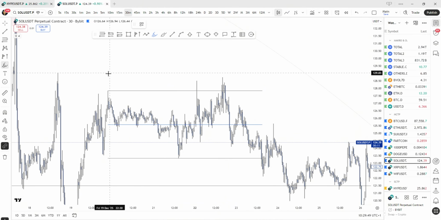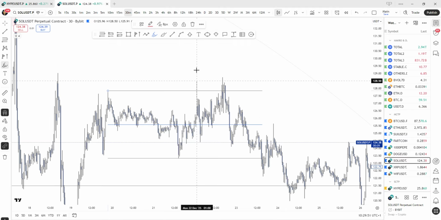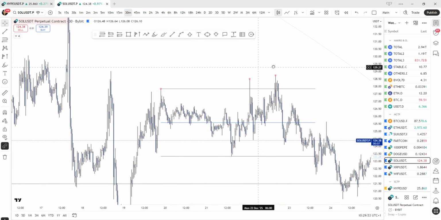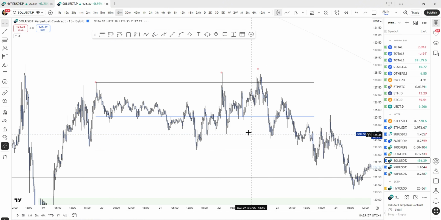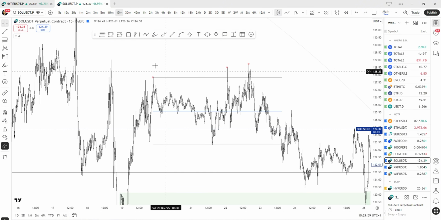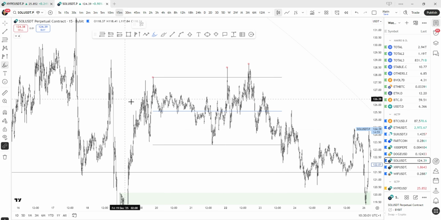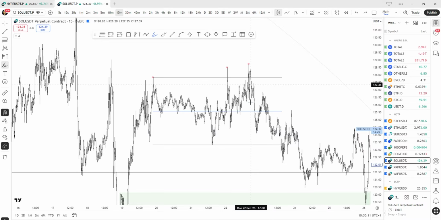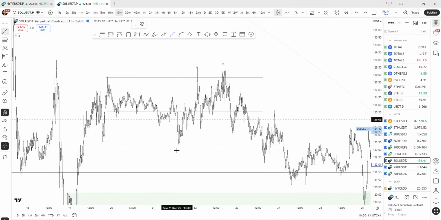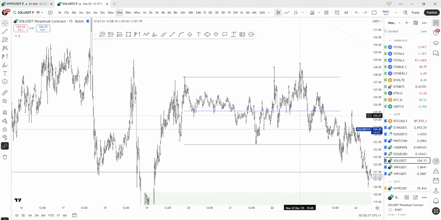So yeah, basically we had here our model 1 distribution, and this was a bit sketchy because this was just sideways price movement, a tap down, a tap up, tap down, and then we got kind of this liquidation thrill up. Seems like trendline liquidity somehow.